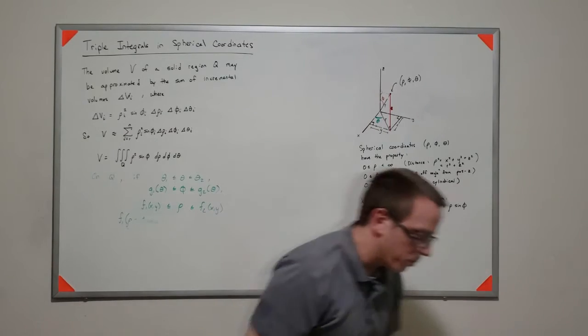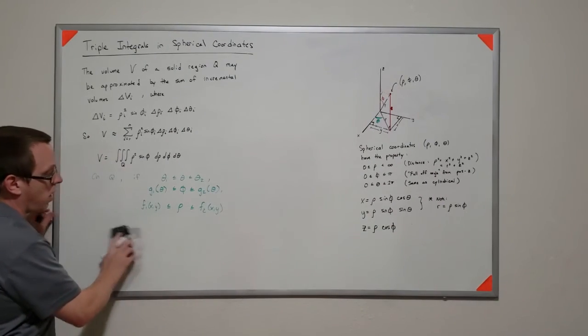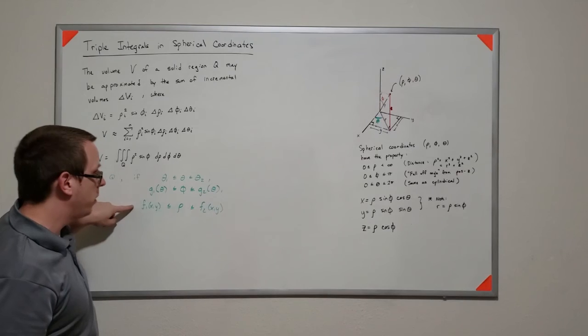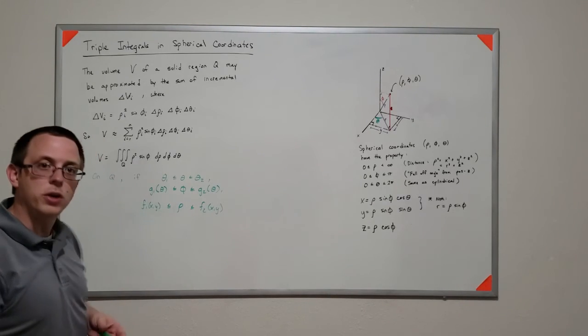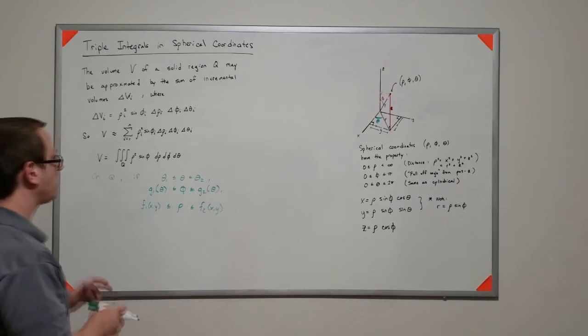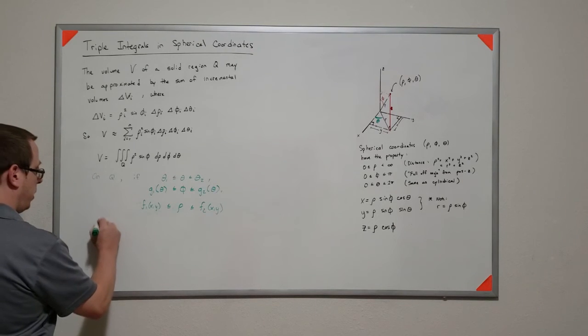I need to copy that. But the idea is if you can describe these with this here, we can generate an iterated integral.